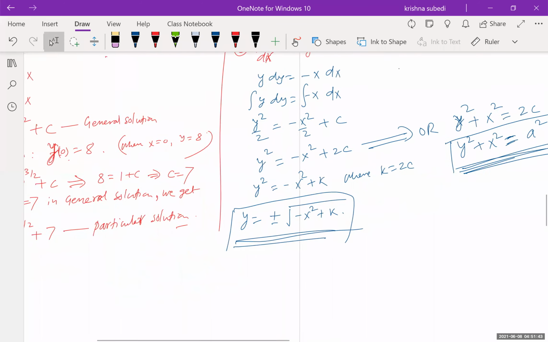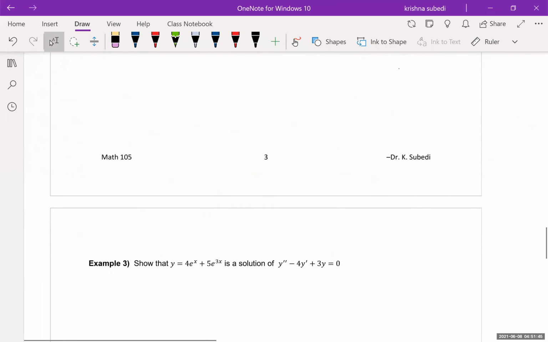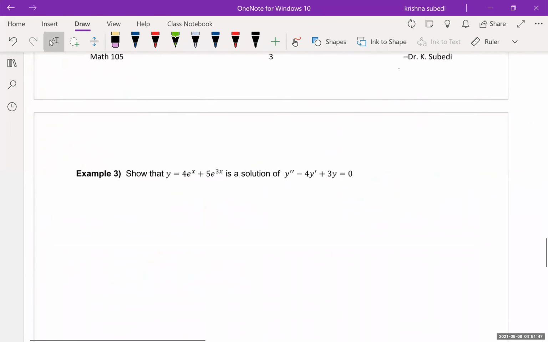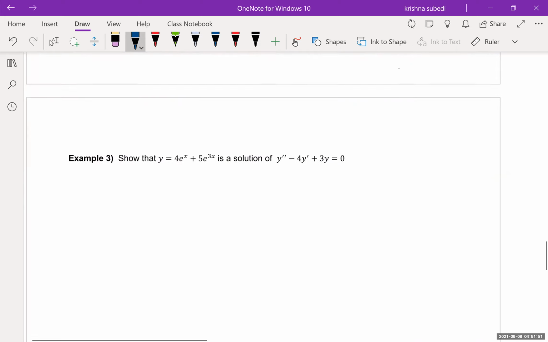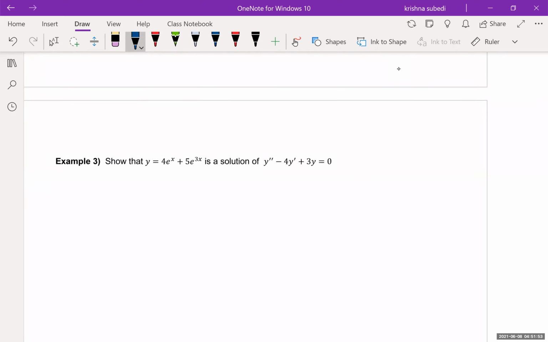Okay, now let's try the last question for this section. In example 3, I trust that you can do this by yourself. Think for a second how we can prove that y equals 4e to the x plus 5e to the 3x is a solution of this differential equation.